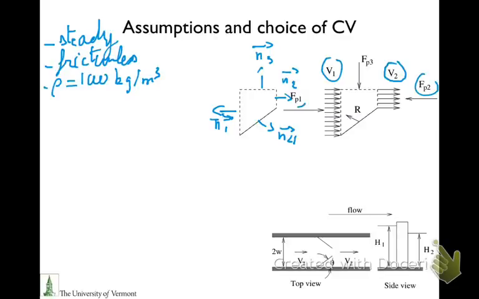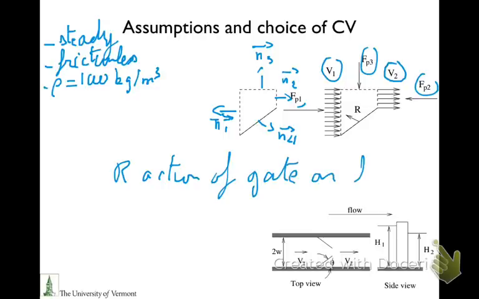FP1, FP2, and FP3, those are hydrostatic pressure forces on those sections. And R is the action of the gate on the flow. So what we are after is really minus R, okay?